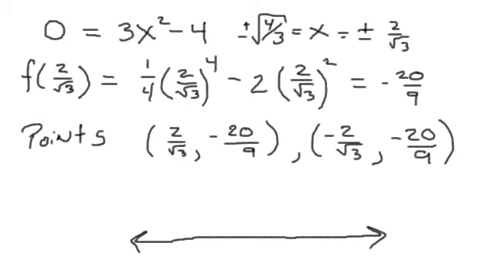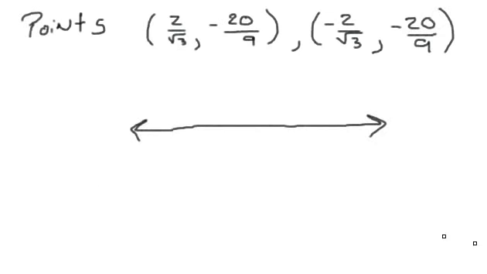So let's do that. We'll put negative 2 over the square root of 3 here, and how about 2 over the square root of 3 here. Then we want to mark where our test points are going to be. We're going to always use 0 if we can.